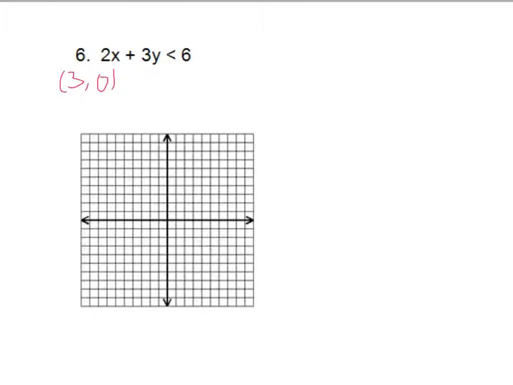Now to find my y-intercept, I just need to cover up the x, 3y and 6, so then my y-intercept is 0, 2. All right, so plot those 2 points.